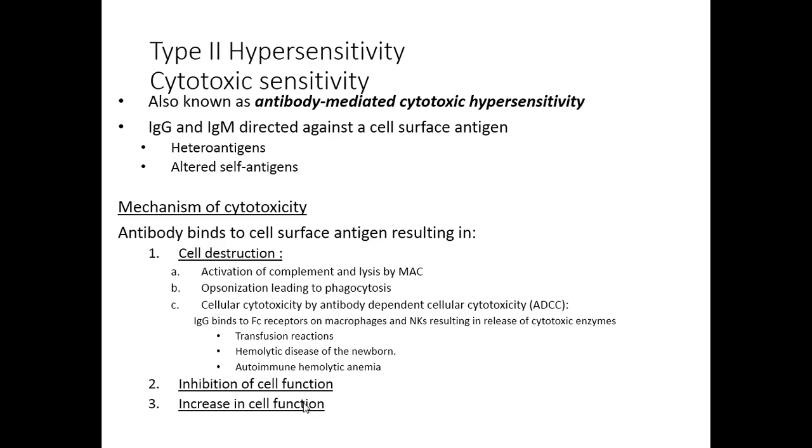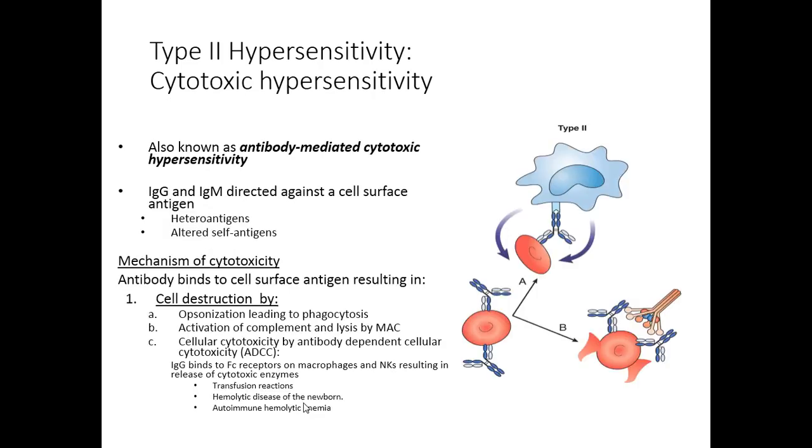So in the example that we're going to see, an antibody can bind to a receptor on a thyroid cell and cause the overproduction of the hormone TSH. So we're going to see those two examples in a few minutes. So those are the other mechanisms of type 2 hypersensitivity.